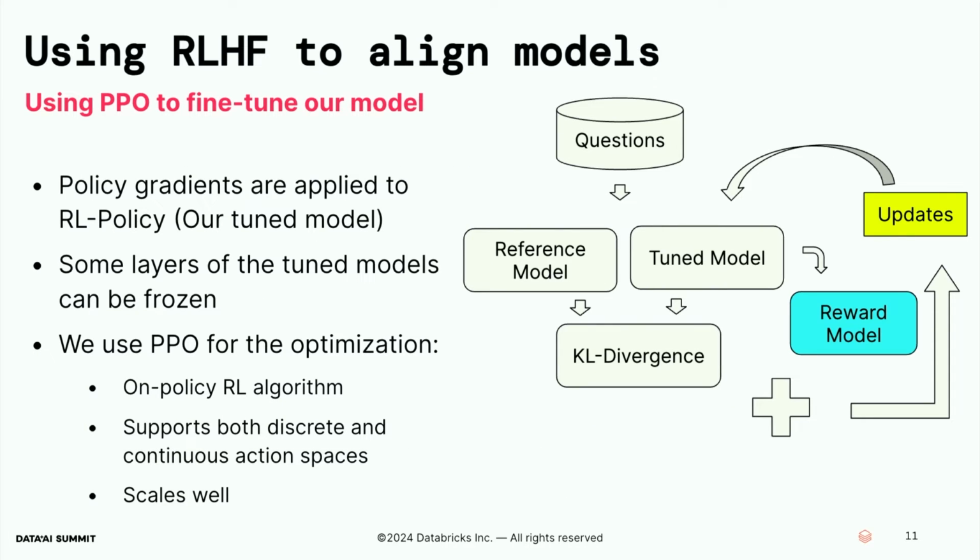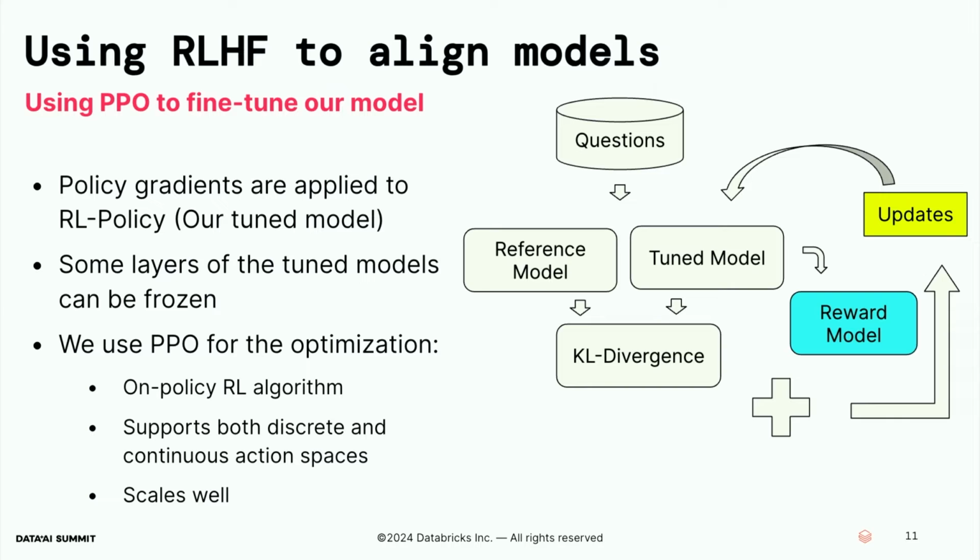Now let's put everything together. Let's say we sample our question from the questions dataset. We generate one response by the reference model, and another response by the model we are tuning, our policy. We calculate this distance, and we also calculate the reward using the reward model.